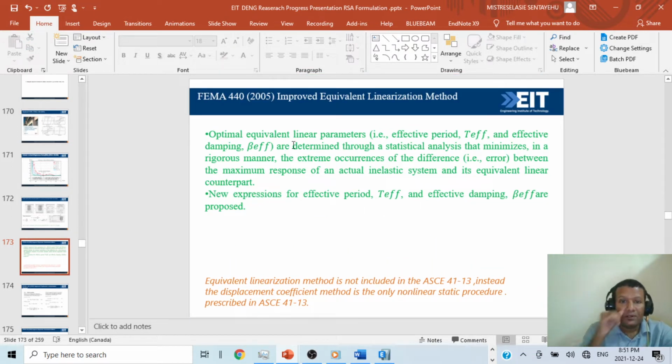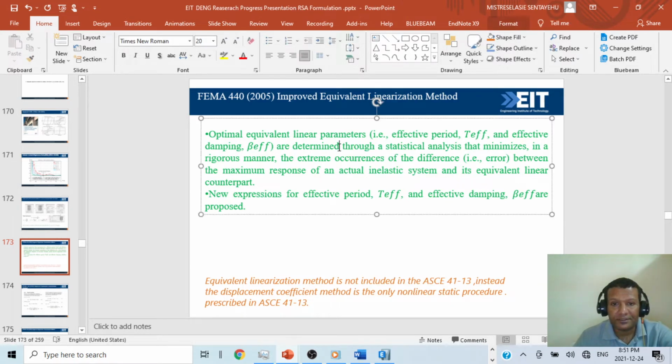The optimal equivalent linear parameters, effective period T effective and effective damping, are also changed. They are determined through a statistical analysis that minimizes, in a rigorous manner, the extreme occurrence of the error between the maximum response of an actual inelastic system and its equivalent linear counterpart.